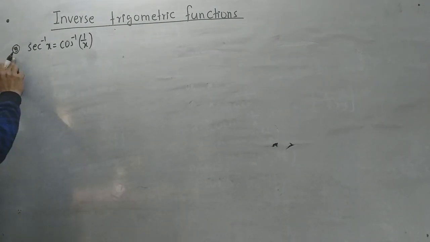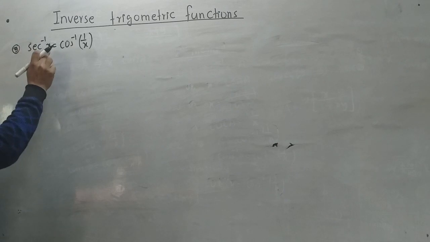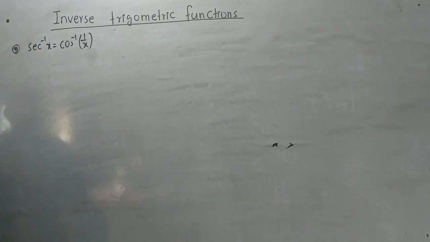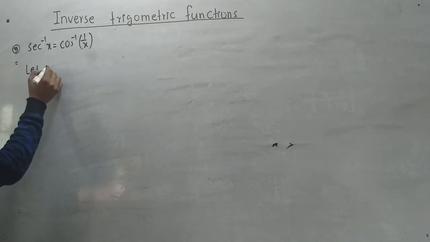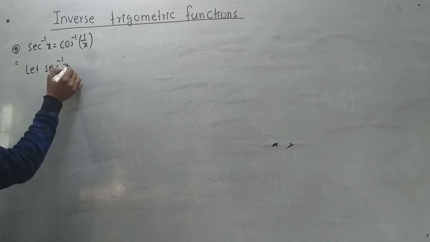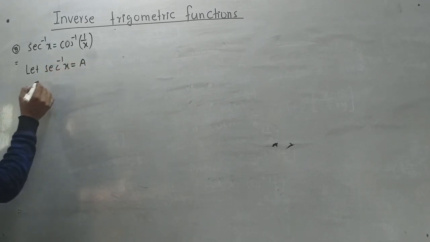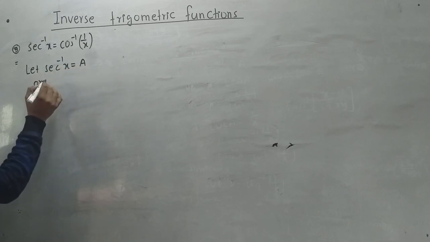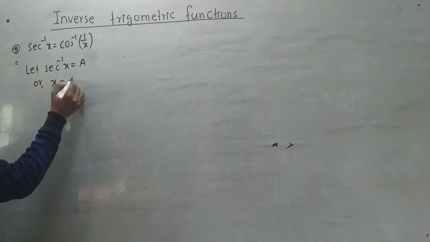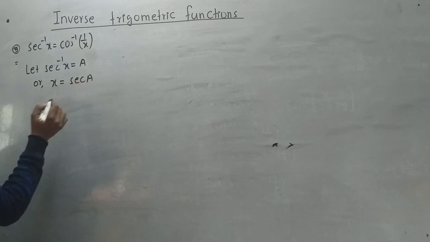Now formula number 9, sec inverse x equals cos inverse 1 by x. So it contains only one variable. So let sec inverse x equals angle a, or you take it to the right hand side, x equals sec a.